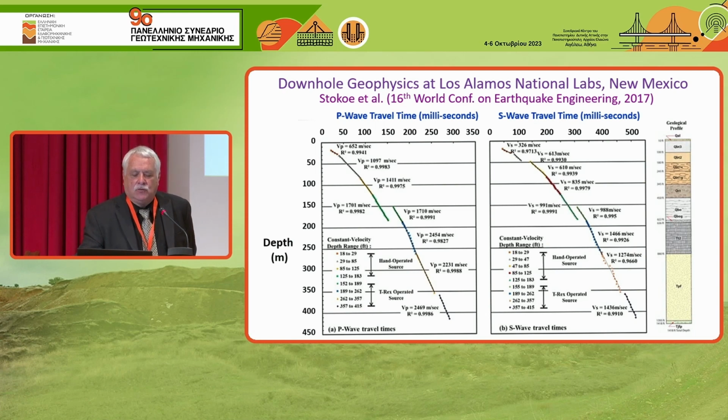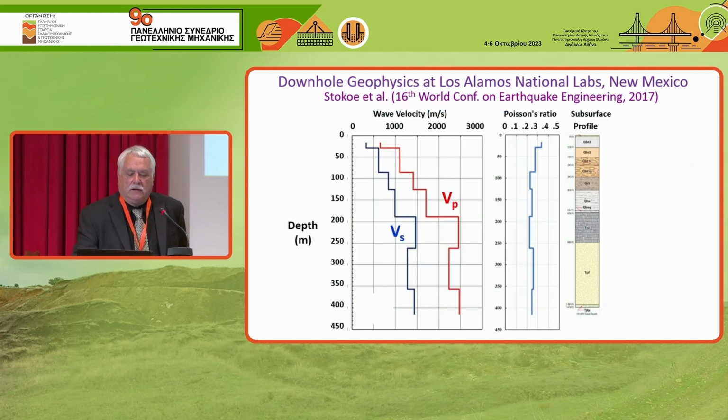And here we have both the P-wave velocity and the S-wave velocity together with depth. If I take the reciprocal of the slope of the data, that would be the P-wave velocity and the S-wave velocity, respectively.